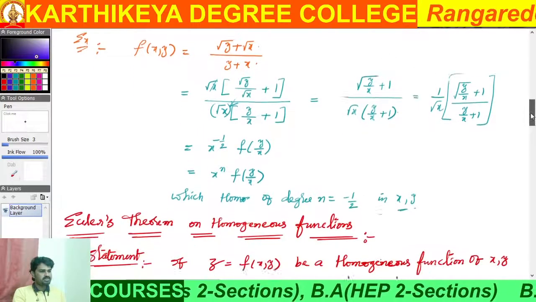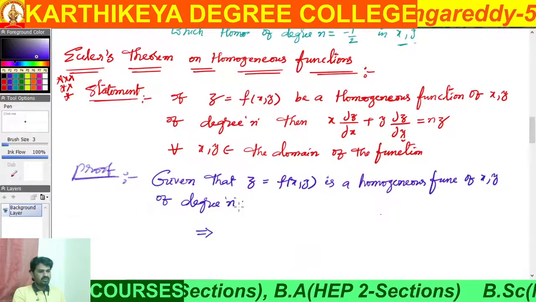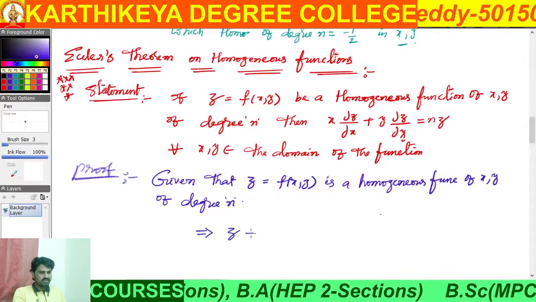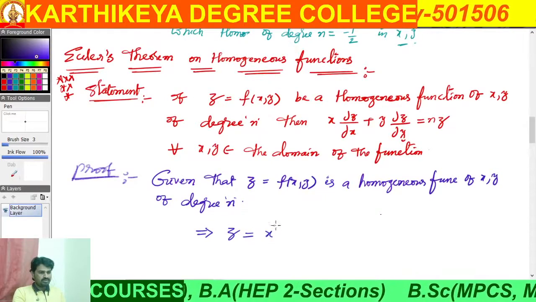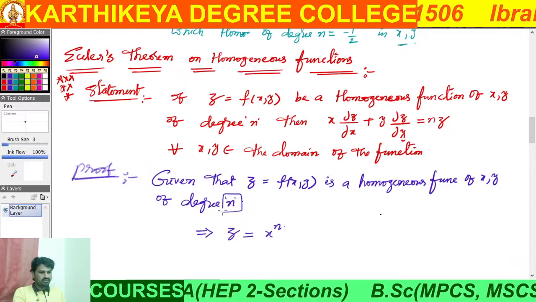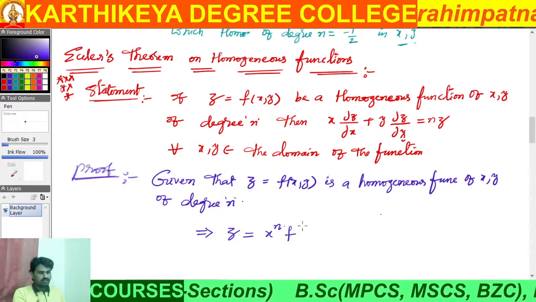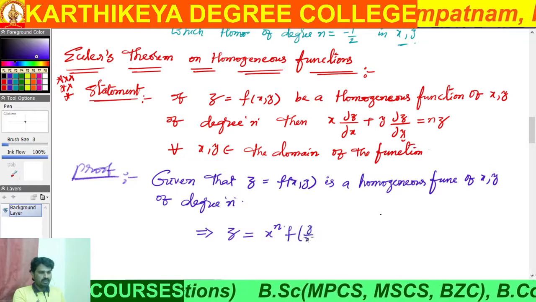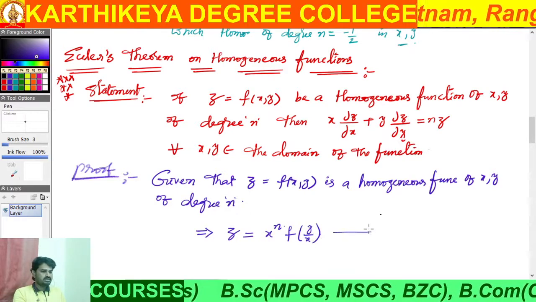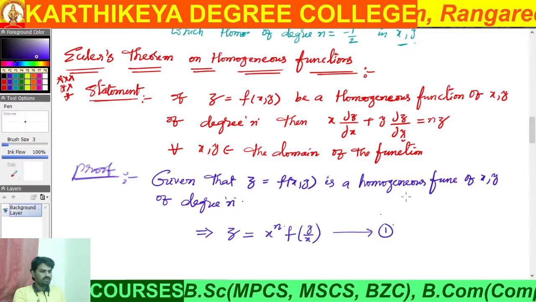Hence z can be written as x to the power of n into function of y by x, with the degree n already given. This is equation 1.